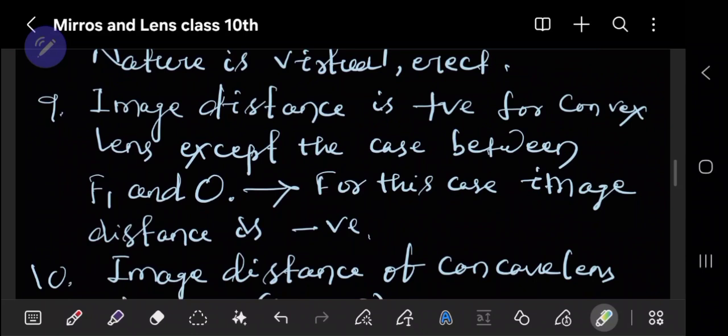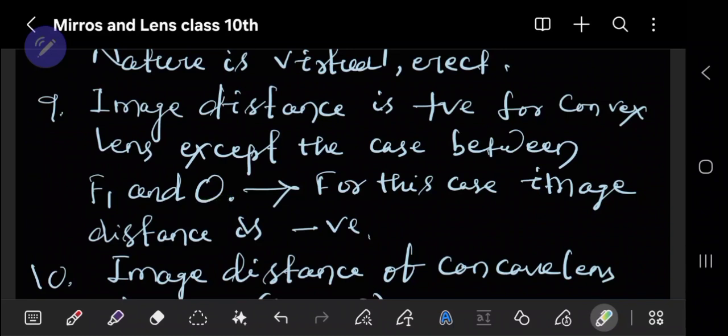Now image distance is positive for convex lens. And for convex lens, the image will be formed on the right side, definitely. And that's why the image distance will be positive. Except the case between focus 1 or focal length 1 and optical center.